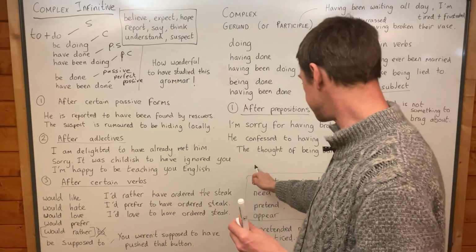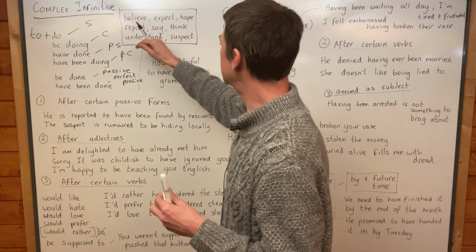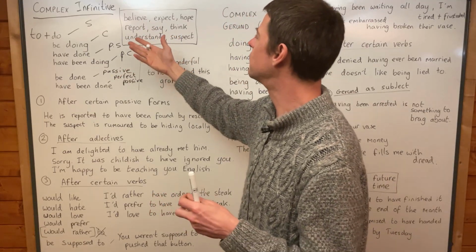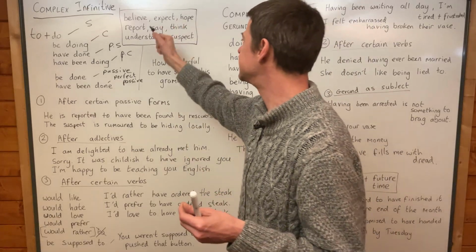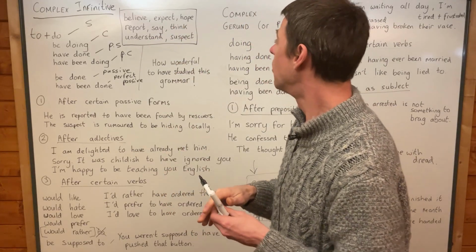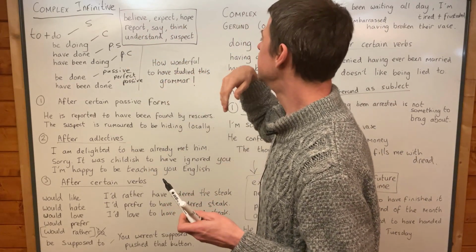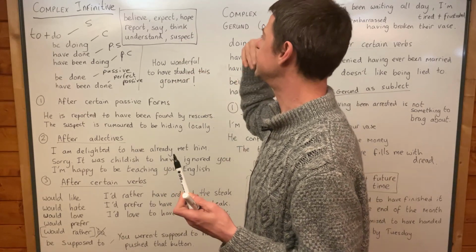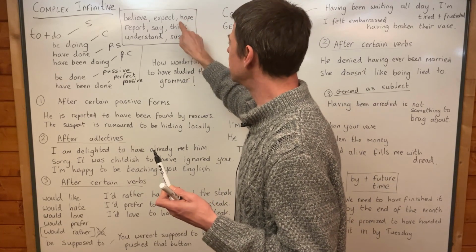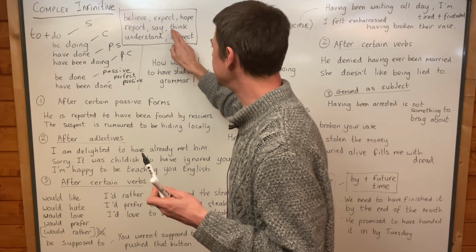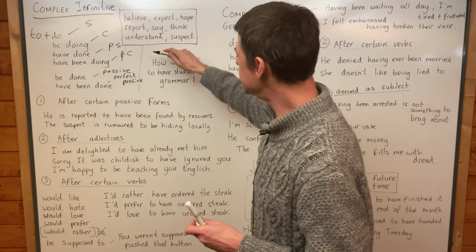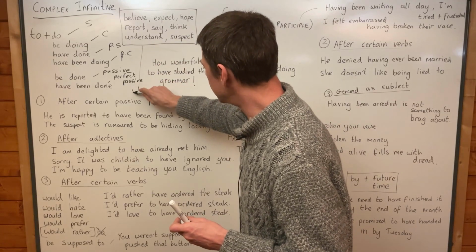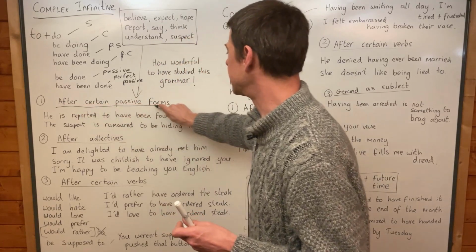These are often used in the passive form when we say it is hoped, it is believed, it is reported, it is said, it is thought, or the suspect is understood, the victim is suspected. So we see it is hoped, but we see he is thought to have been, he is said to have been. So these are the verbs you see after certain passive forms.